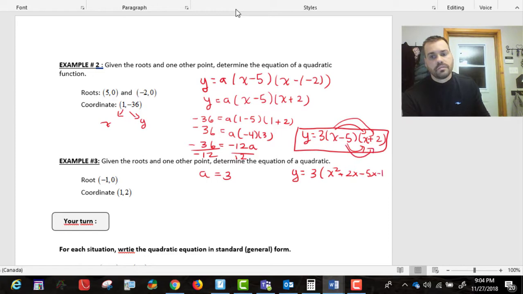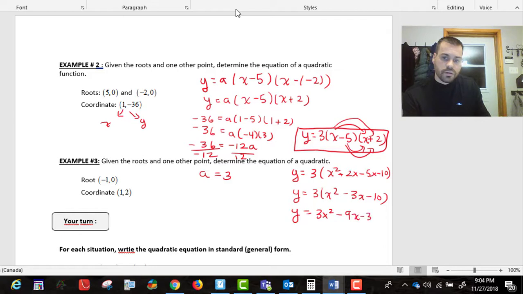And minus 5 times 2 is minus 10. So we would get 3 times x squared plus 2x minus 5x, which is minus 3x, minus 10. And then we multiply everything by 3, so 3x squared minus 9x minus 30. That's also an equation of the quadratic.